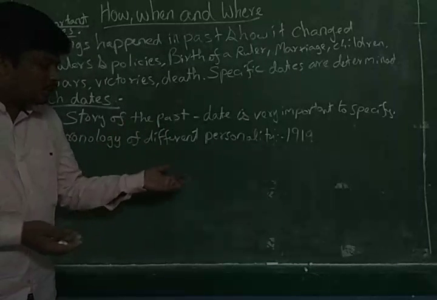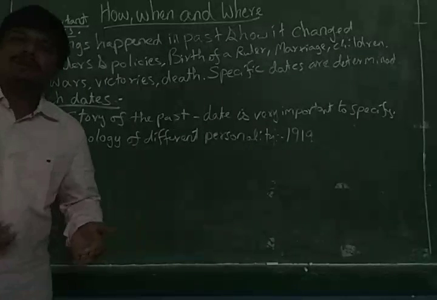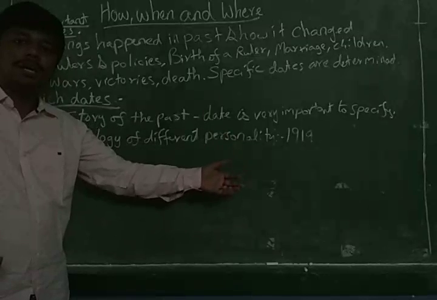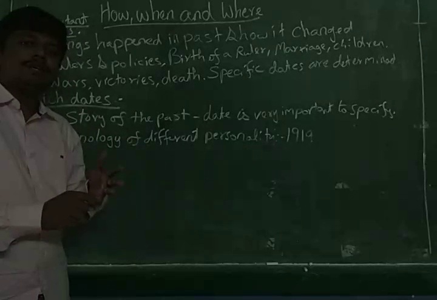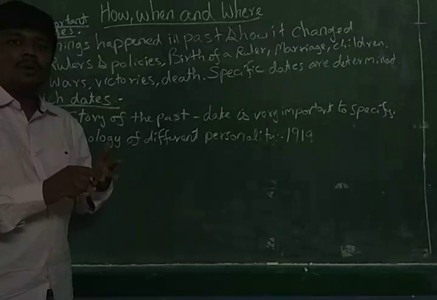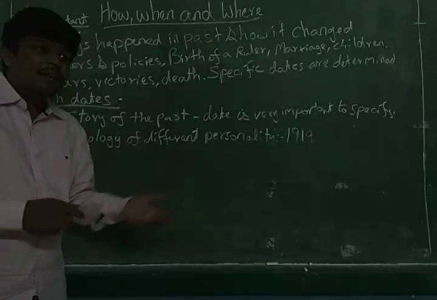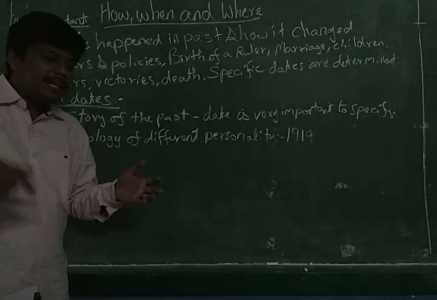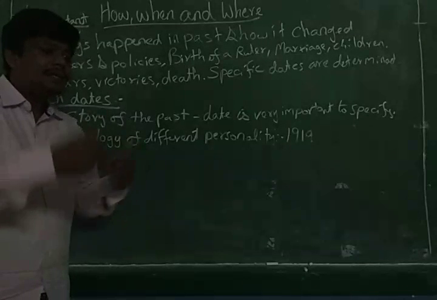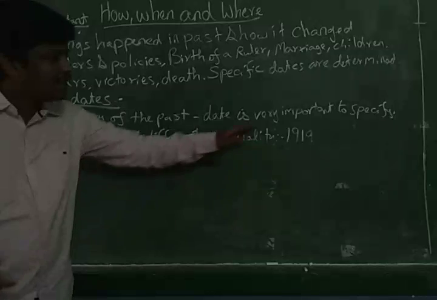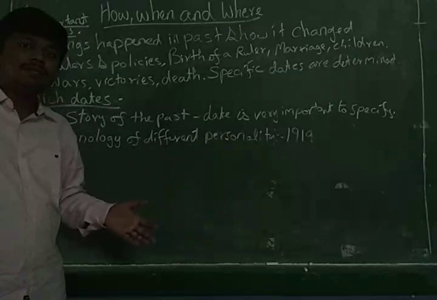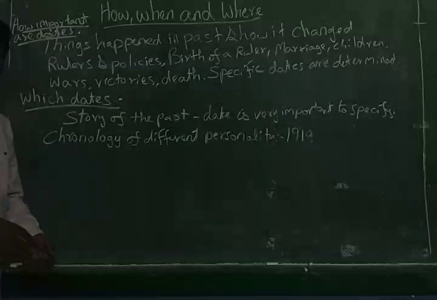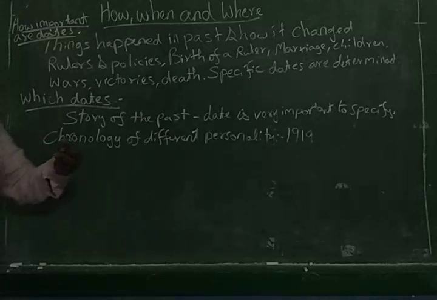The non-cooperation movement and also many other things, and Gandhiji started the struggle against the Rowlatt Act. That is also taking place in the same year, and also the attack of the British on the Indians in a peaceful procession at Amritsar. That also took place in the year 1919, and the infamous Jallianwala Bagh incident also took place in the year 1919. So this is the chronology.